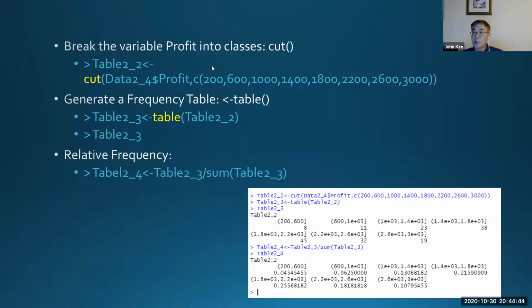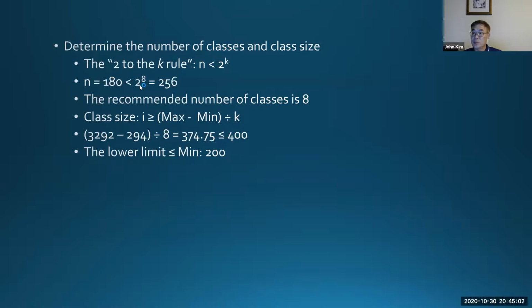So we cut from 200 to 3000, 1, 2, 3, 4, 5, 6, 7, 8 classes. Because we use this rule, so 8 classes from 200, and then class size interval is 400.